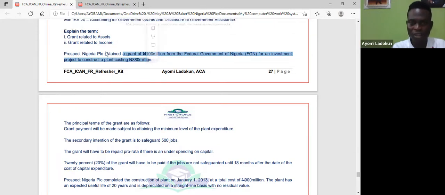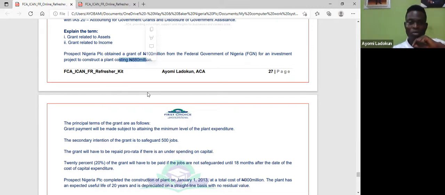Now, if you look at that, it was the federal government that gives Prospect Nigeria a grant of 100 million because there's a construction of a project that will cost around 880 million. So when you see information like that, then you start thinking about IAS20. Meanwhile, you need to be sure that there is a condition attached to it, because most likely government will never give any entity anything for free.